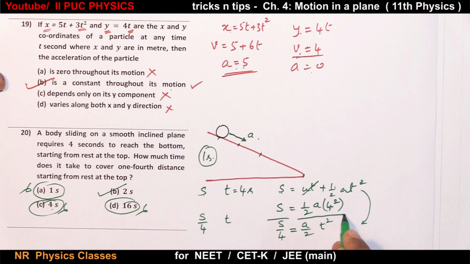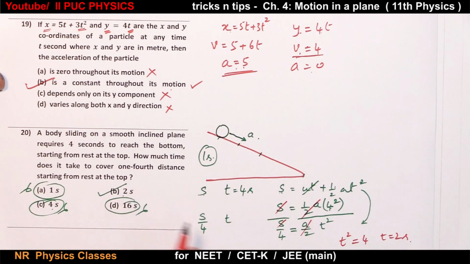Now divide one by the other. s cancels. a by 2 cancels. t square equals 4. Therefore t equals 2 seconds. Simplify, t square is 4, t is 2 seconds.